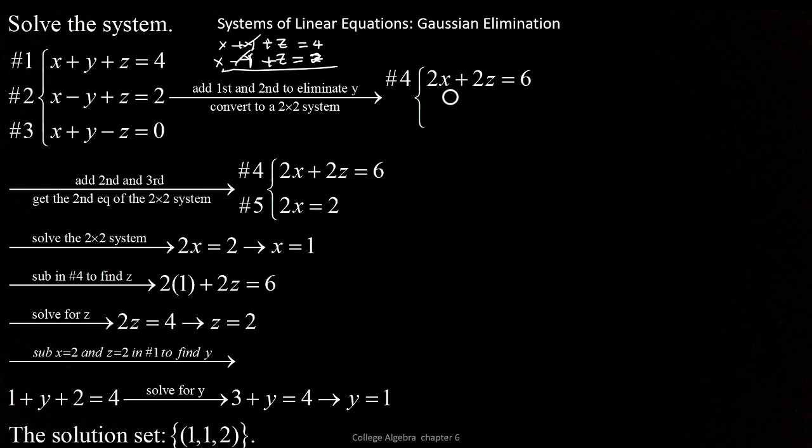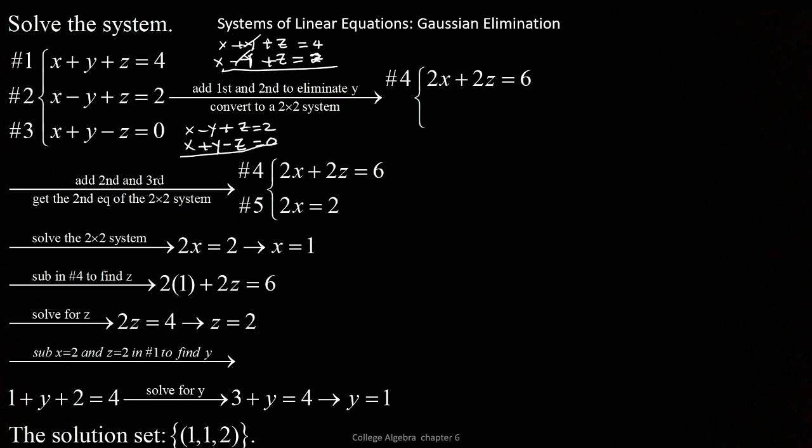So that's that. Now we need another equation that has x and z in it. So what we can do is pick a different pair. It could be this one and another equation, or this one with another equation. So we take a different pair, let's say 2 and 3, and add them. Equation 2 is x minus y plus z equals 2, and 3 is x plus y minus z equals 0.